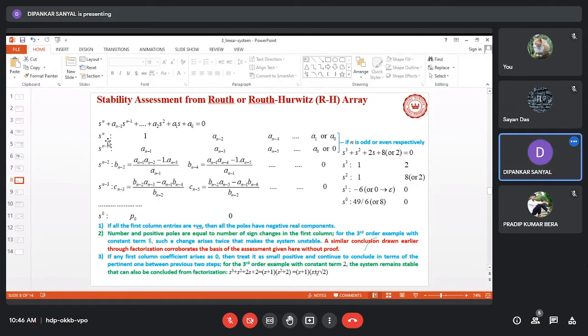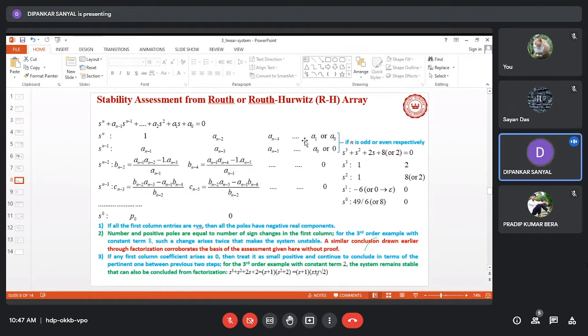The first line we write by starting from the leftmost part of the characteristic function, and we pick alternate coefficients: a n, then a n minus 2, then a n minus 4. In this way we keep on proceeding, and the next line is generated by collecting the alternate coefficients starting from the second position.